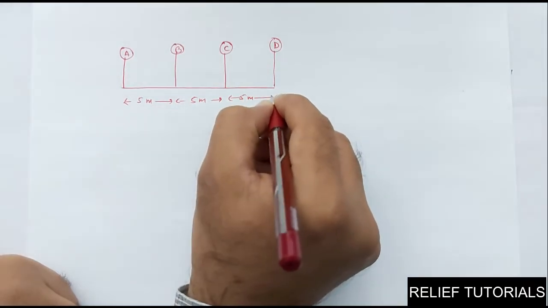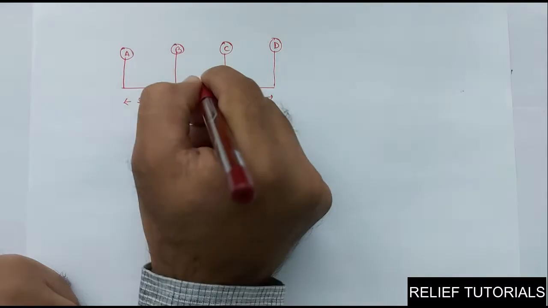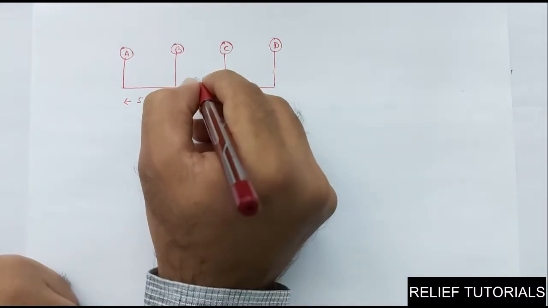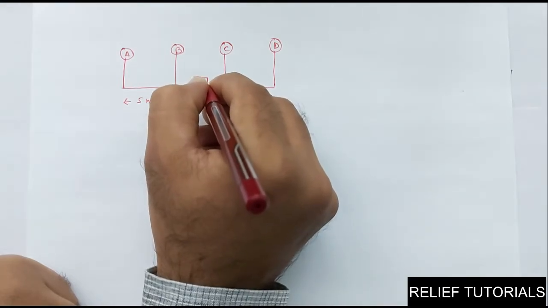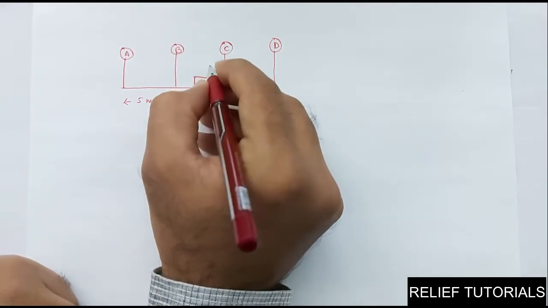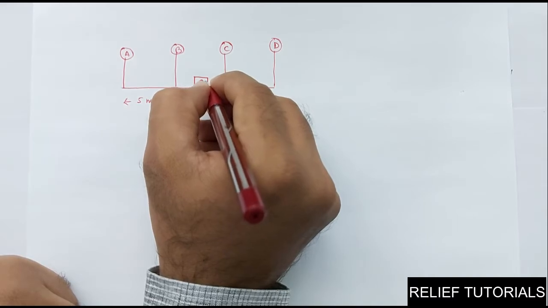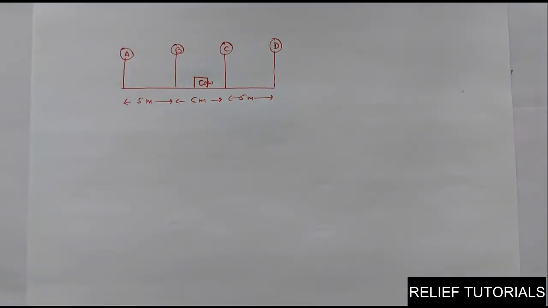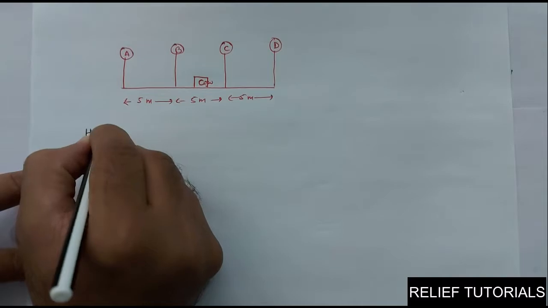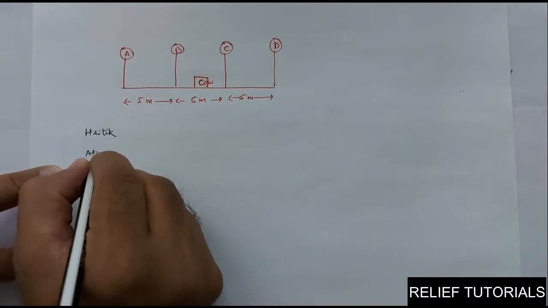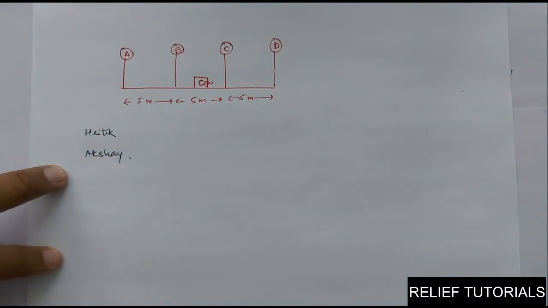Let us say now here is a cow exactly between B and C. So this is the cow grazing some grass. Now two persons, Ritik and Akshay, are given one task.